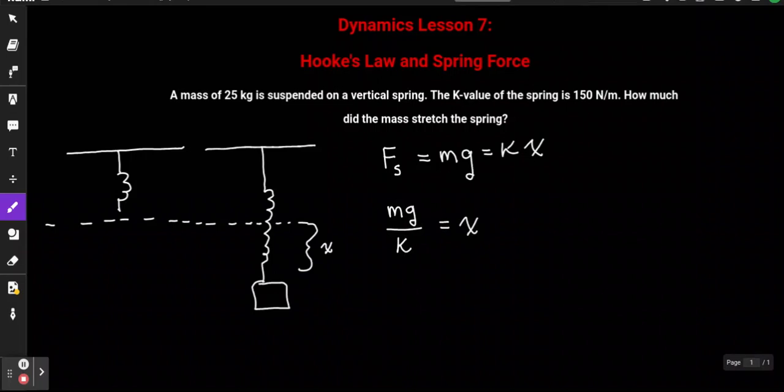Because all three of these are known values, we simply can plug this into the calculator. So 25 times 9.8 divided by the K value of 150 gives us a displacement of 1.63 meters.